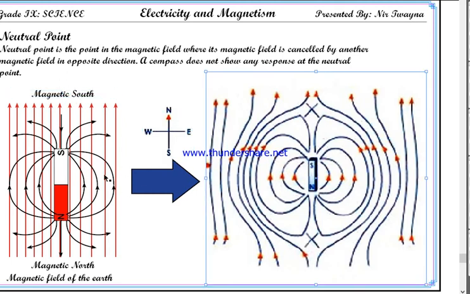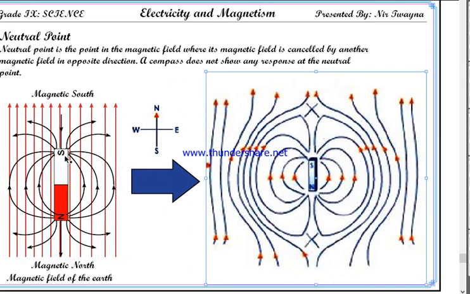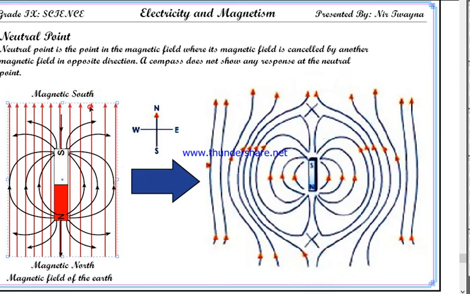This is the response when the south pole of the magnet is facing toward the actual north pole. So if you are asked to show the neutral point when the south pole of the magnet is facing toward north, then this is the diagram you need to draw, not this. This is just for your understanding.